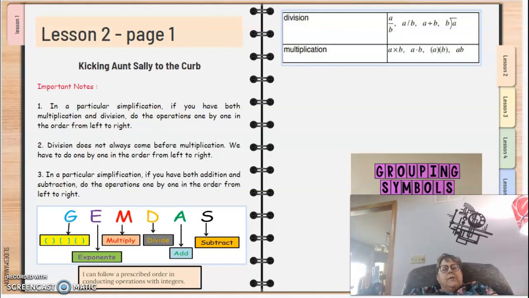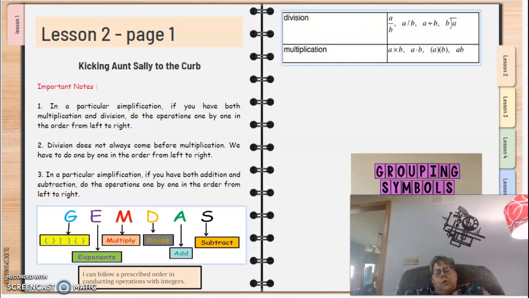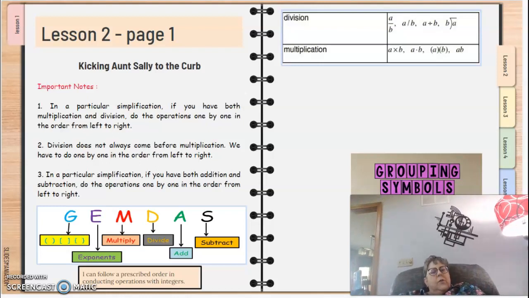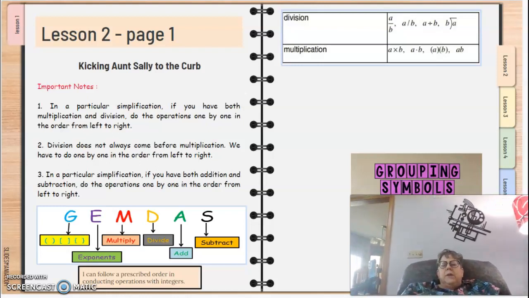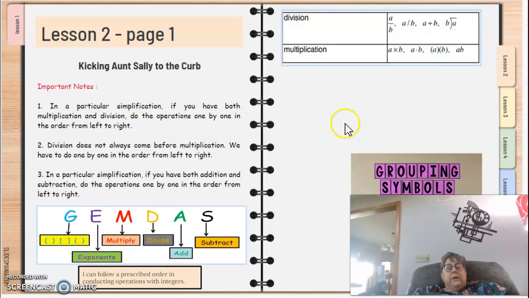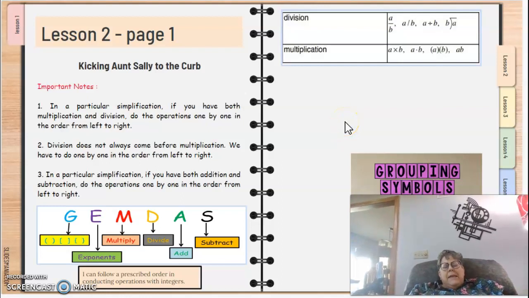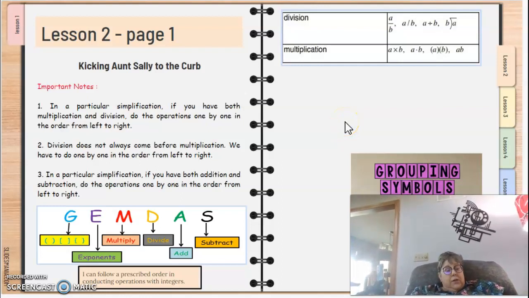We call this Kicking Aunt Sally to the Curb, kind of tongue-in-cheek, in a humorous way, because we want to change the acronym that you've learned all these years for order of operations. We want to exchange the P. P has always stood for parentheses.